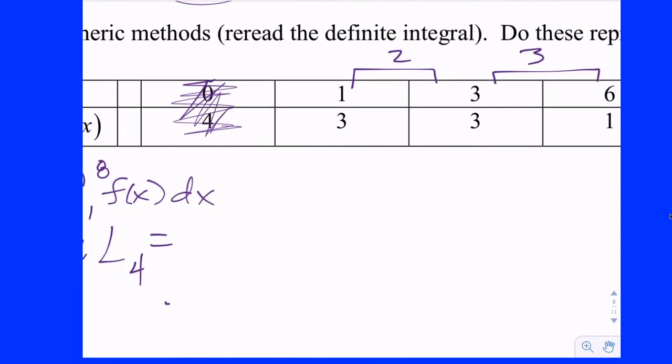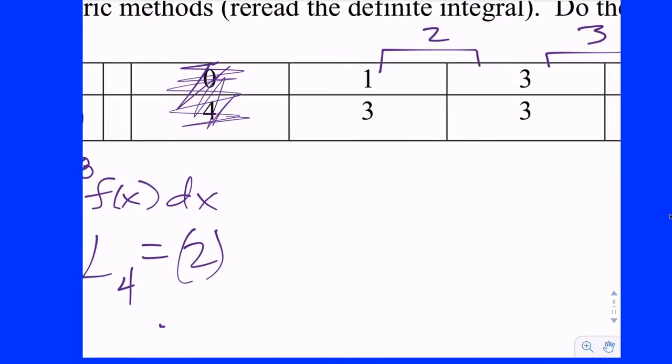The first width is 2. Now using the left endpoint, which y value do we use? The one at 1 or the one at 3? 1. The y value at 1, which is 3. Okay, we're using this 3. 2 times 3. You want to just call that 6 and save time? No, because then you're not indicating your method.